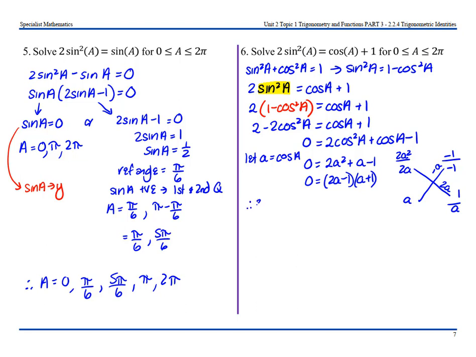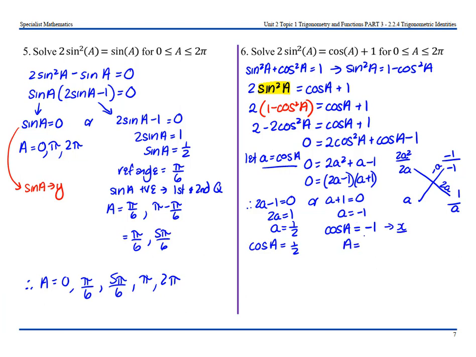So therefore, 2A minus 1 equals 0, 2A equals 1, A equals a half, or A plus 1 equals 0, A equals negative 1, coming back to A equaling cos a. So we've got cos a equals a half, cos a equals negative 1. Now, cos is our x value, so a for cos a equaling negative 1 would have to be pi.